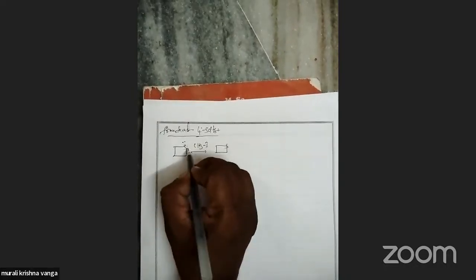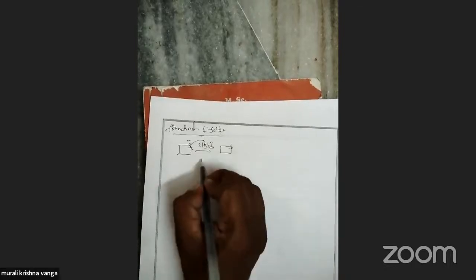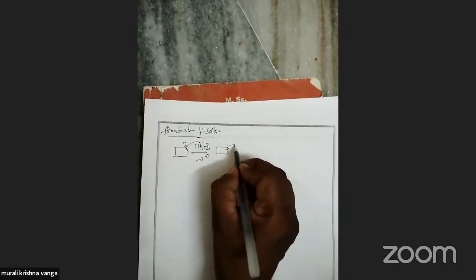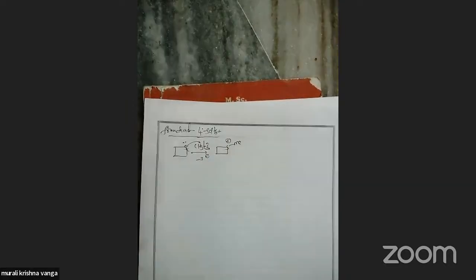Sulfur, having a lone pair of electrons, donates to the methyl group with elimination of I minus, forming a positive charge on sulfur. This is one of the quaternary salts.